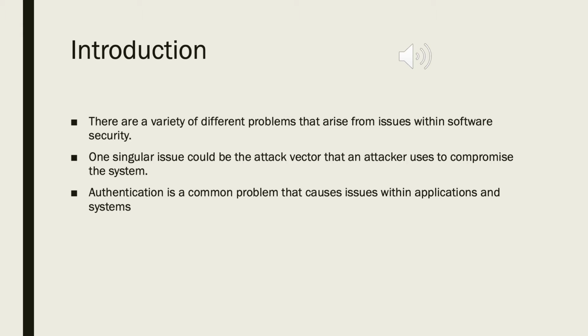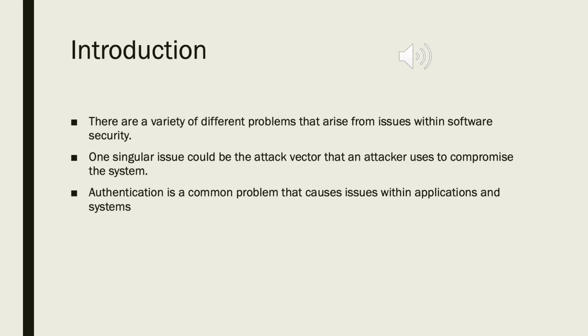In the space that is software and software security, there are a variety of different problems that could arise. There's things like bugs, authentication issues, cross-site scripting, SQL injections, just a bunch of different things that could go wrong within the code that would leave the code compromised and able to be exploited by attackers.